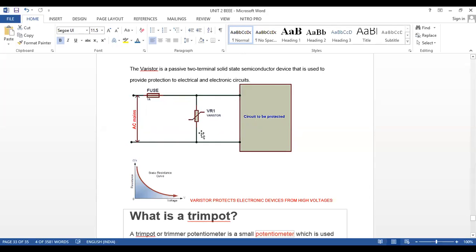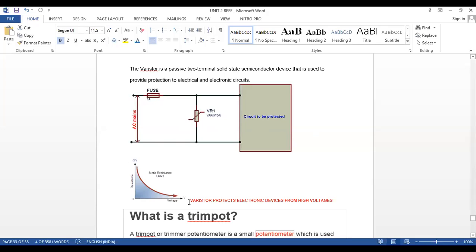Varistor is placed between the supply and the smartphone. Whenever the supply voltage is very high, this varistor will control that voltage and pass the safe voltage to the circuit. In this way, we protect these circuits. Varistor is used in electronic devices to protect the circuits from high voltages.